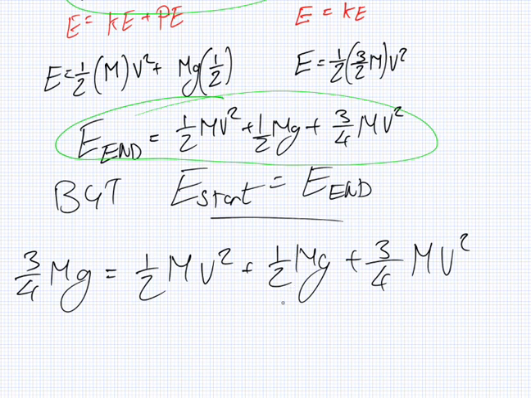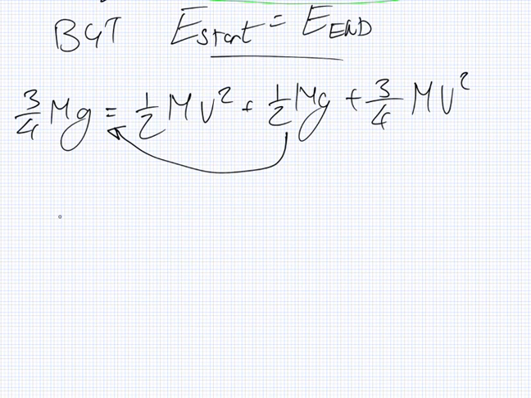So, I should take this piece to the left. 3/4 mg minus a half mg, what's that? 3/4 mg minus a half mg is a quarter mg. And then a half mv squared plus 3/4 mv squared is 5 quarters mv squared.